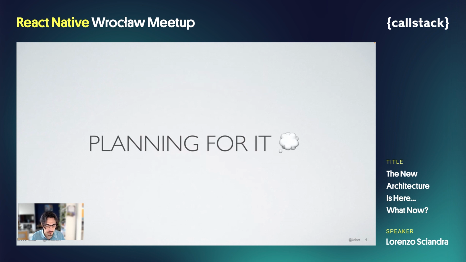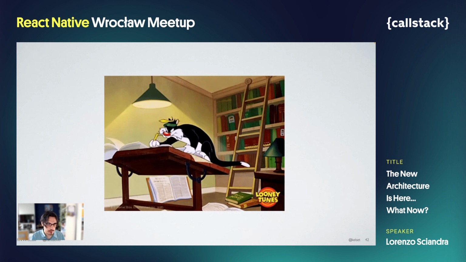Now, let's say we agree that the new architecture is great, and we know that there are challenges. How do we plan for this? How do we make sure that we can get there without creating too much pain or trouble for anyone? So I spent a bit of time trying to come up with a plan, and I hope this is at least useful to have a conversation within your companies.